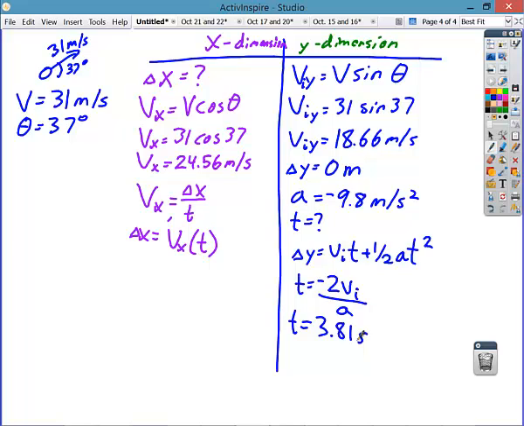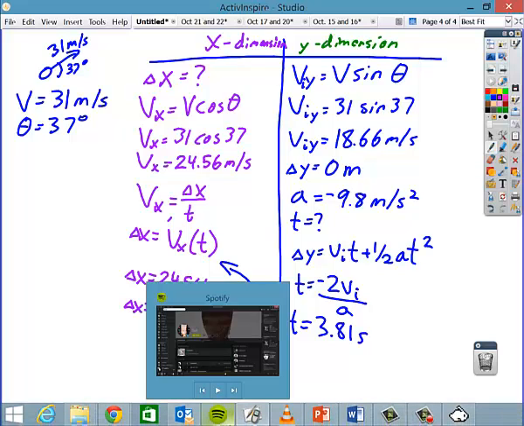So now I'm going to take my time, and time moves over here. Then you multiply the 24.56 by 3.81? Correct. So I get delta x will be equal to 24.56 times 3.81, and I get that delta x is equal to 94.3.